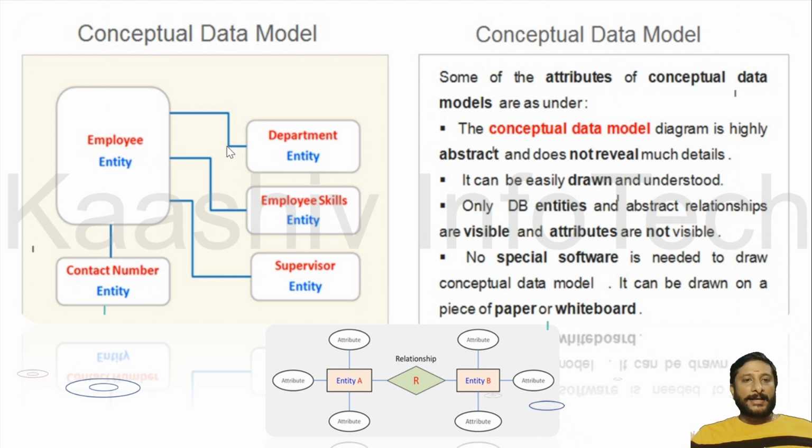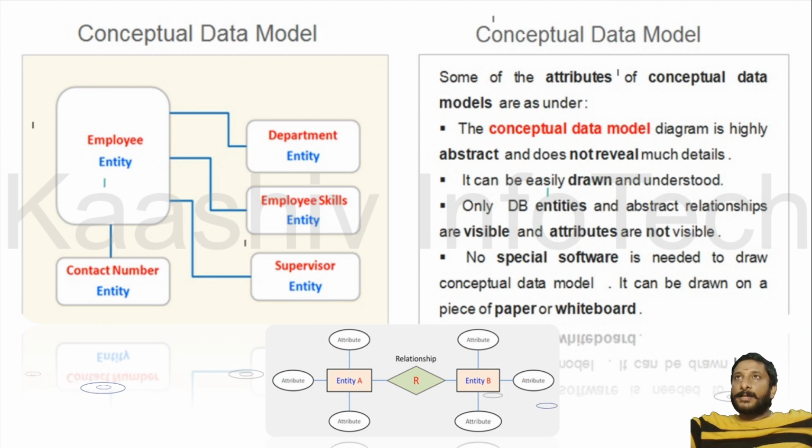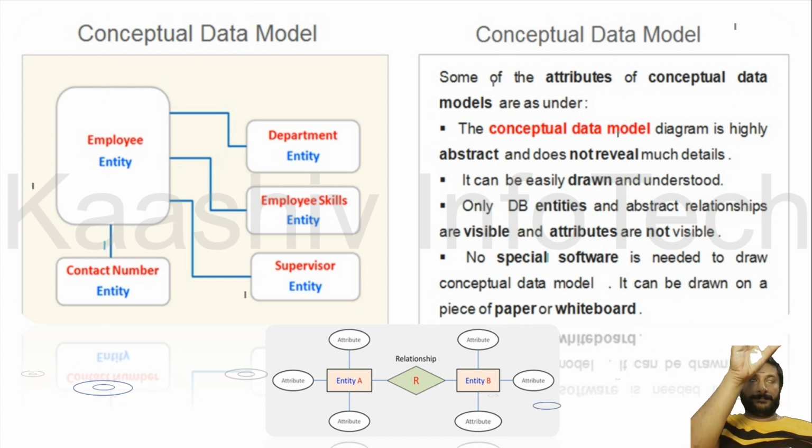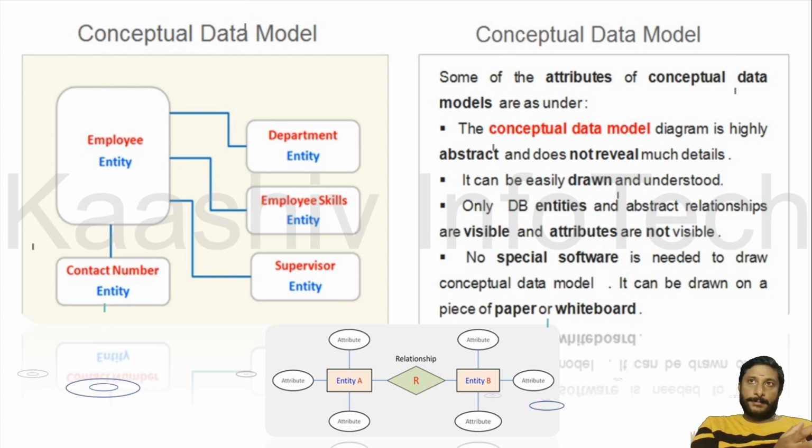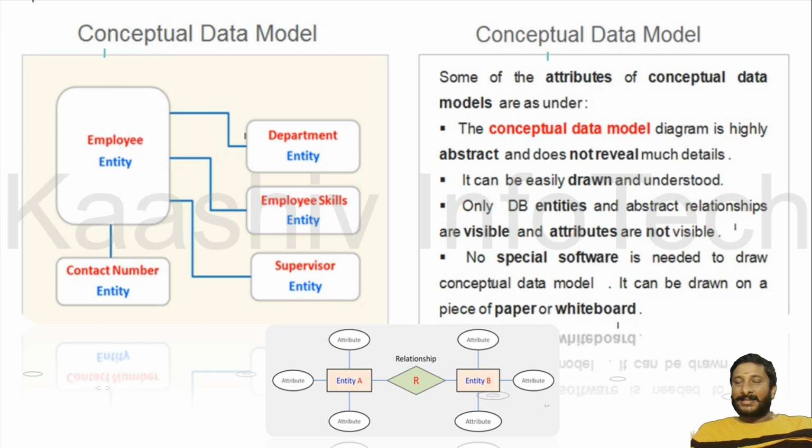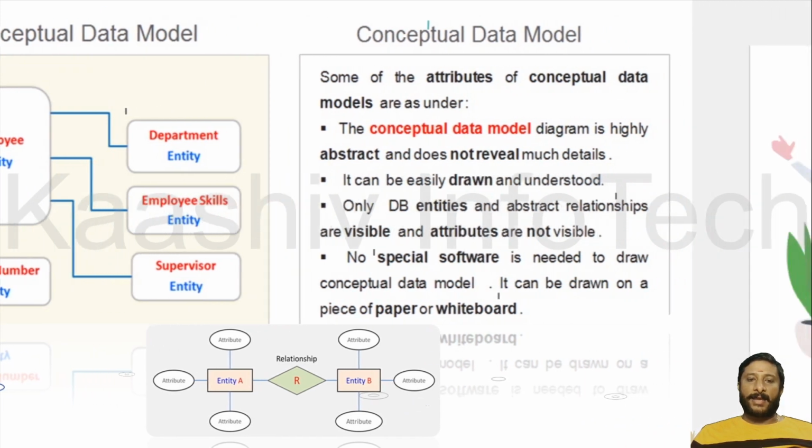They call these entities. Conceptually, for Amazon we need the products, the payment details, the user details, and the offer details. These are all called conceptual. Conceptually, these are the areas I want.